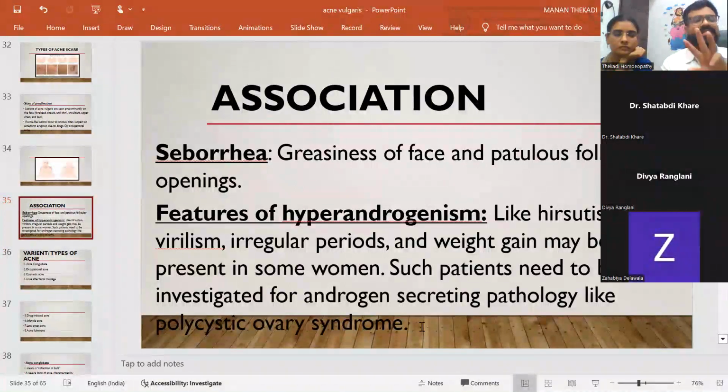So three things are there. One is clinical symptoms, second is blood reports, and third is sonography. Among these three criteria, when two are positive, we can label it as PCOS. Otherwise that is not PCOS, guys.